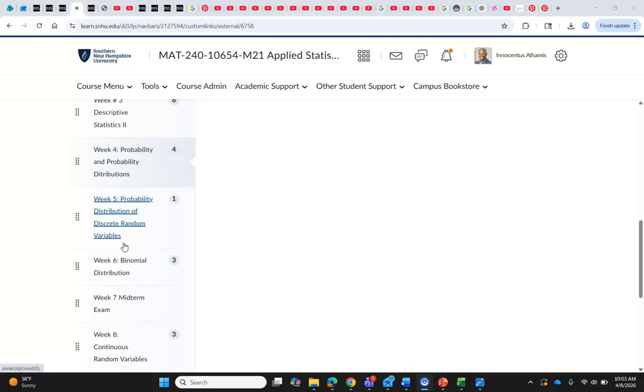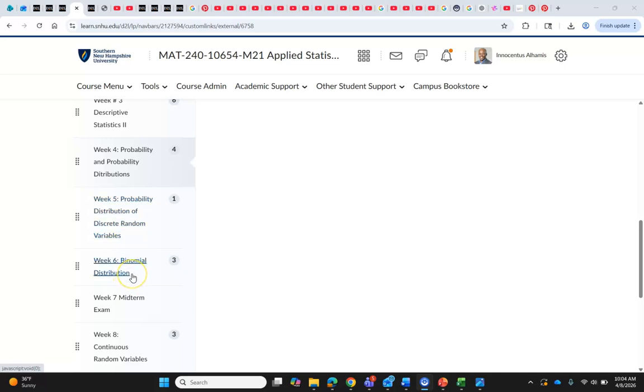So the distributions I just mentioned, binomial, exponential, and Poisson, are probability distributions of discrete random variables.